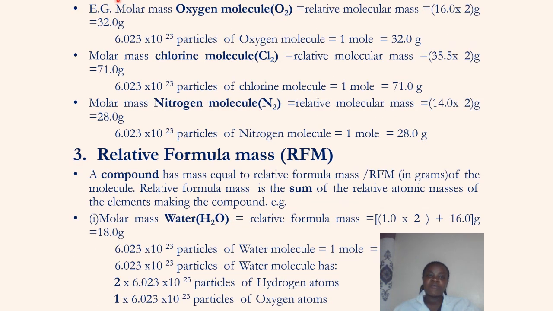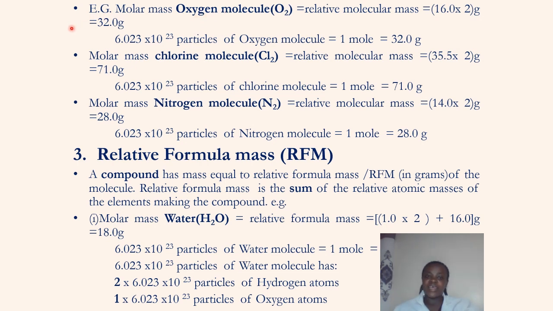So for example, if we consider the oxygen molecule, we want its relative molecular mass. We know that the relative atomic mass of oxygen is 16.0 grams. That is for one mole of atoms, so one atom of oxygen is 16.0 grams. But now here we have a molecule which consists of 2 atoms.